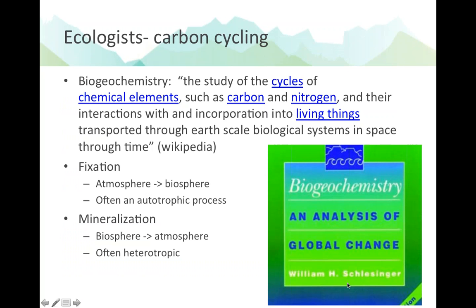Next slide, please. And so this brings us to the ecological disciplines of biogeochemistry or ecosystem ecology. This is the study of the carbon cycle and the nitrogen cycle, and understanding how quickly plants grow, and then once they die, how quickly they decay, and how quickly decomposers and heterotrophs cycle that carbon back into the atmosphere.